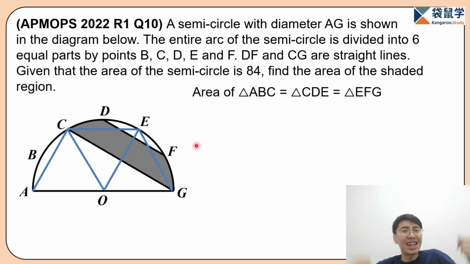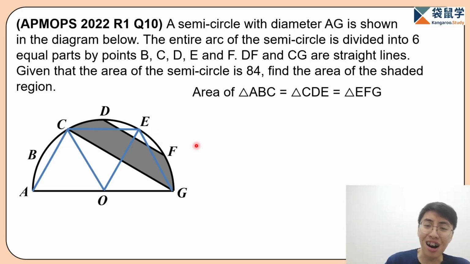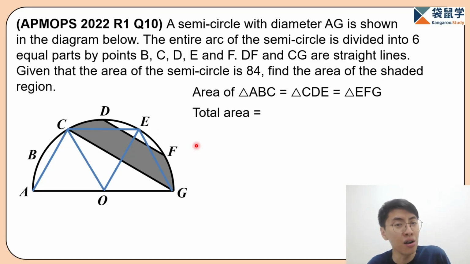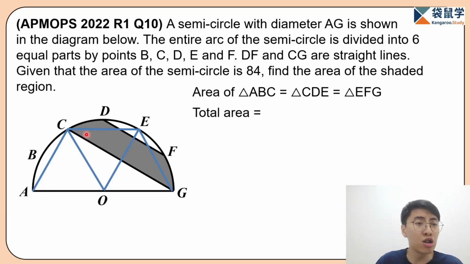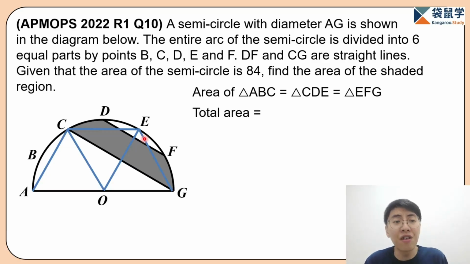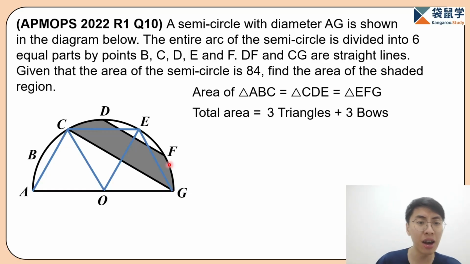Is there anything else? Of course, there is. We know that the total area is 3 larger triangles and 3 smaller bows. So that is what we have over here.